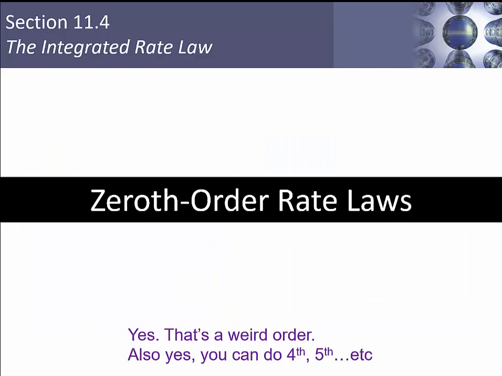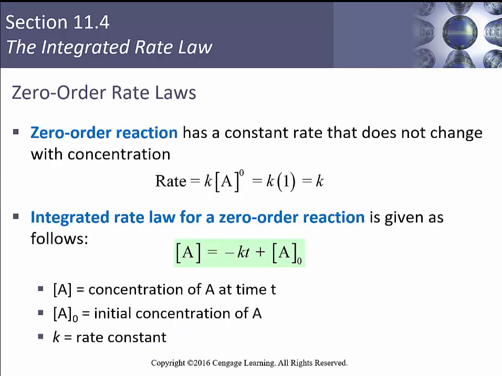Yeah, you can do it, and 4th and 5th and 6th orders, you're just going to continue your integration. For a 0th order, it's got a rate constant that doesn't change with concentration, so our rate is just going to be k times A to the 0, which is k times 1 or k. So our integrated rate law is just going to be concentration of A is equal to minus kt plus our initial concentration.